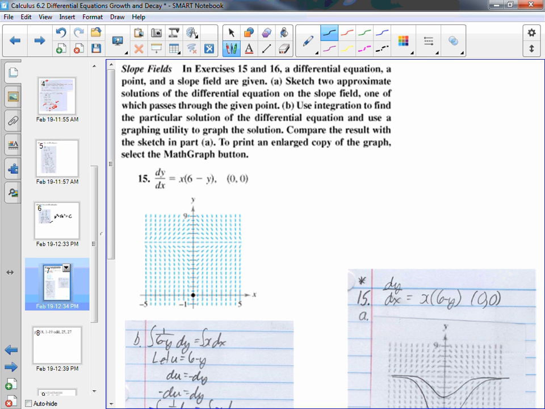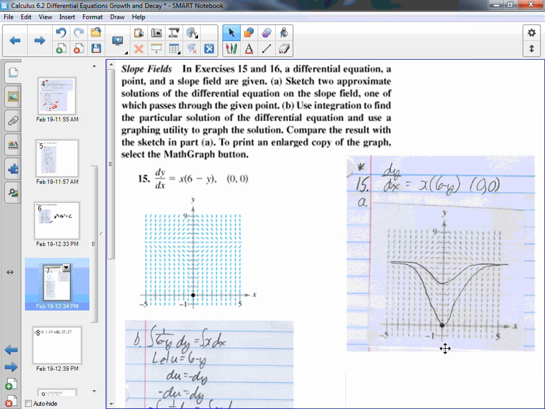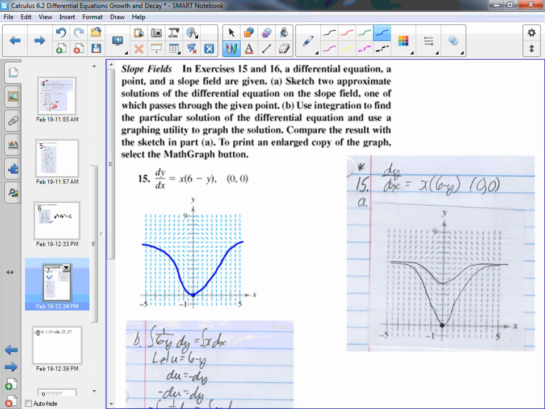The first thing they want us to do is to sketch 2 approximate solutions of the differential equation on the slope field. So you can see what I got. I started here, kind of does that, kind of does that. Oops, well, kind of. And just to make it different, what would happen if I started up here?